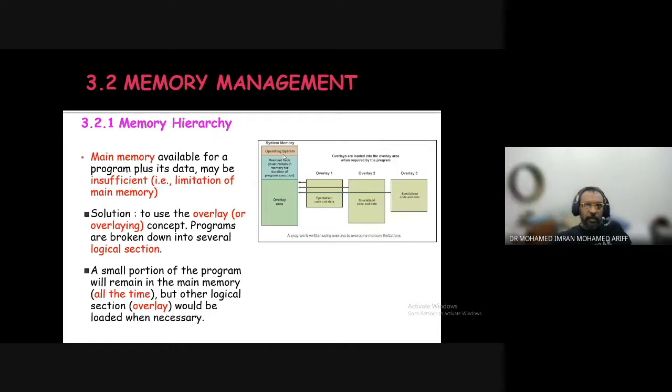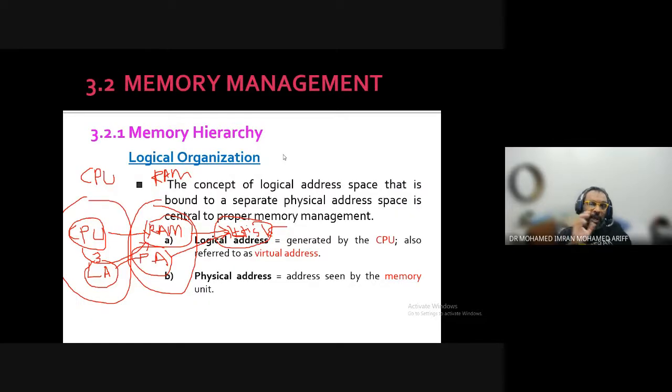That is by default. The part below that, the overlay area, holds those important files which are changing all the time. When the CPU needs a specific file, it refers to the RAM. And if the file is not in the RAM, the file is inside the hard disk.